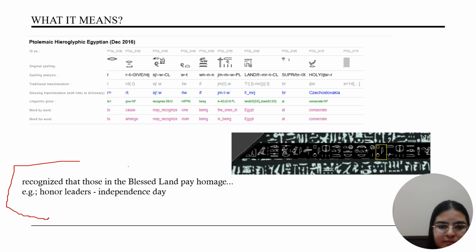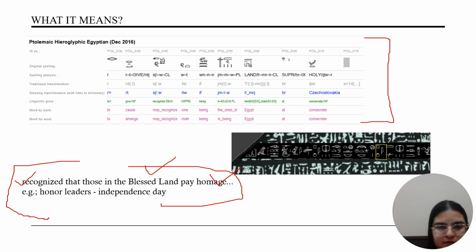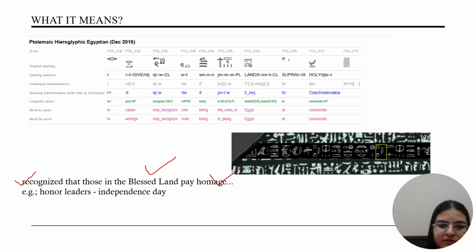For example, it uses the words recognized, blessed land, and homage. These words are used to explain this language, the language written on the top section of the Rosetta Stone. So let's move to the next one.